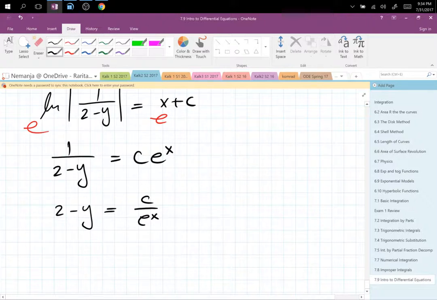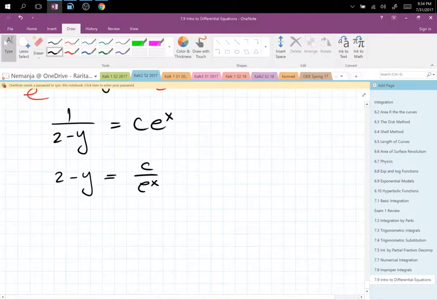So you swap left, you swap right, that's where the x goes in the denominator. 1 over c is still c, that's all constant, no one cares. Move things around, right? So you should have this at some point.